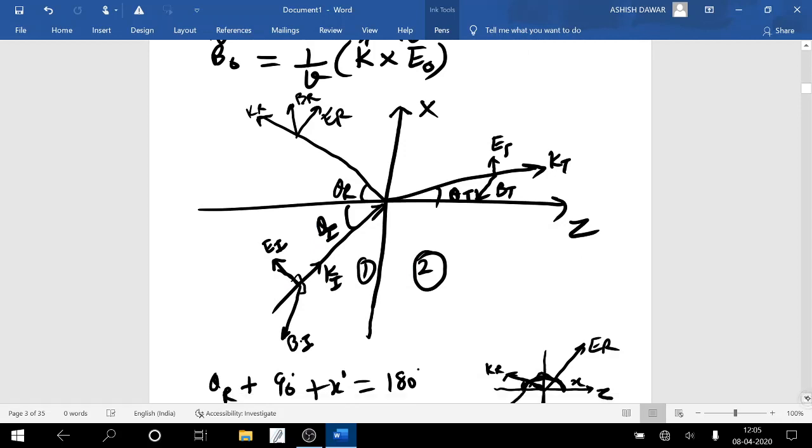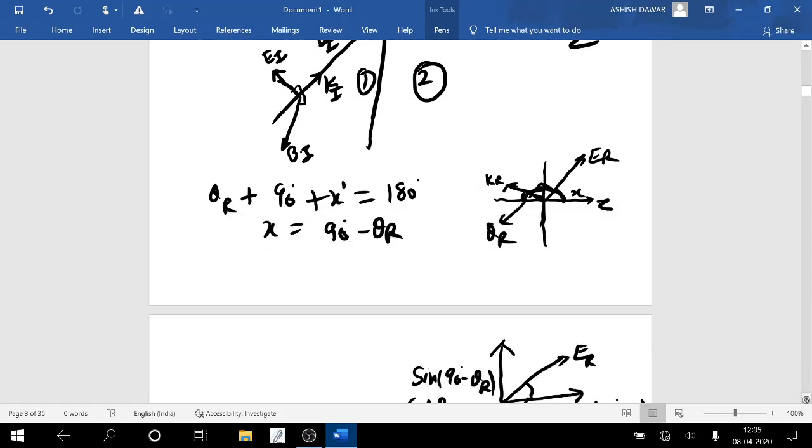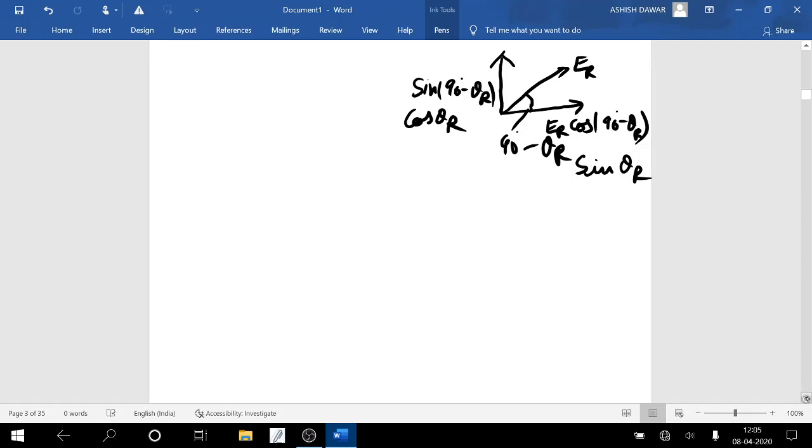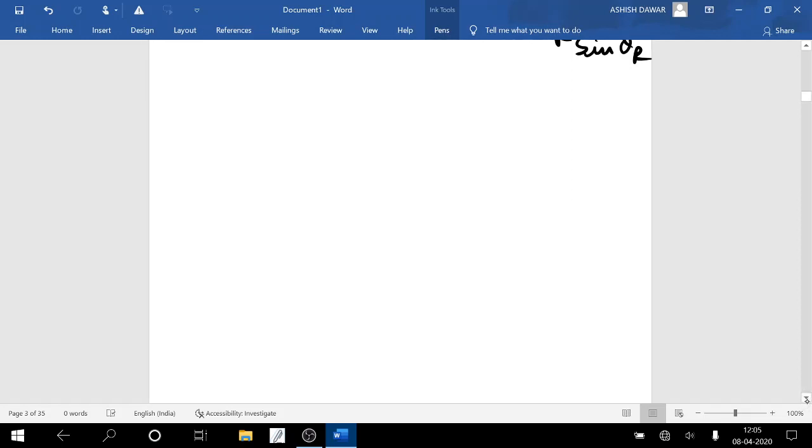Now we have to put the values in our boundary conditions. First boundary condition implies epsilon 1 (E0i sin theta I plus E0r sin theta R) equals epsilon 2 (E0t sin theta t). The negative signs are according to the directions.